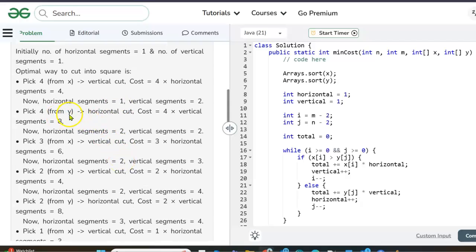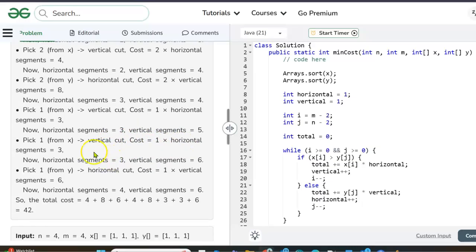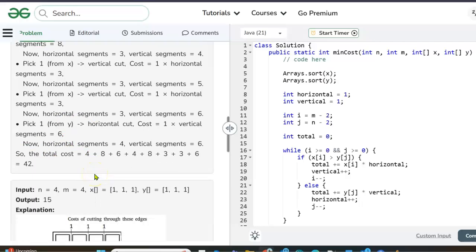Next, 4 times the number of vertical segments, which is 2, so that's 8. Then we have 3 times 2, and 2 times 2 horizontal segments. Then 1 times 3, 1 times 3, 1 times 6. Add everything up, we get 42.